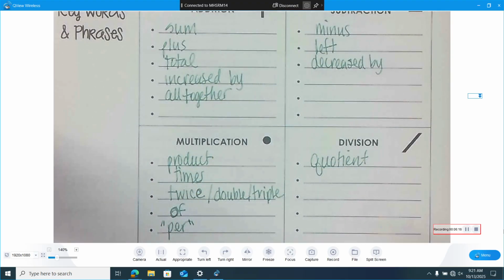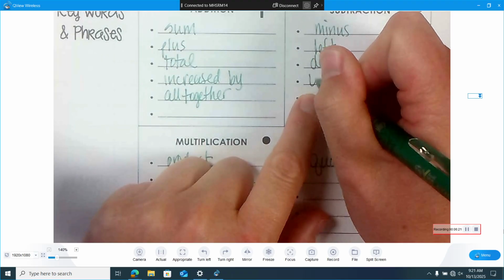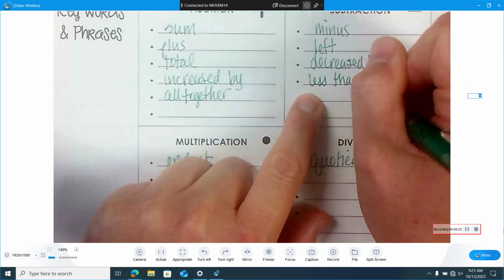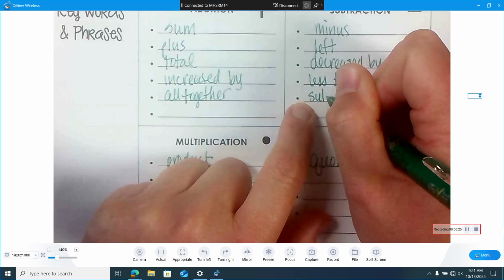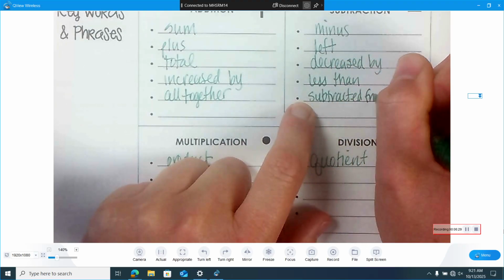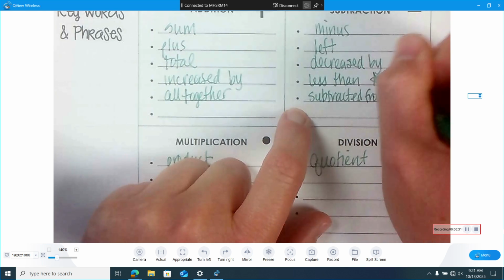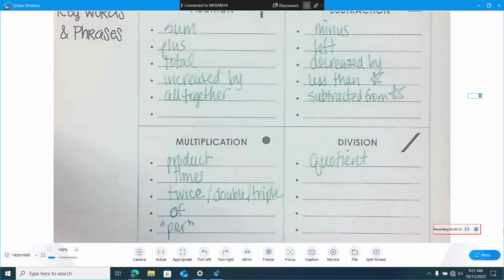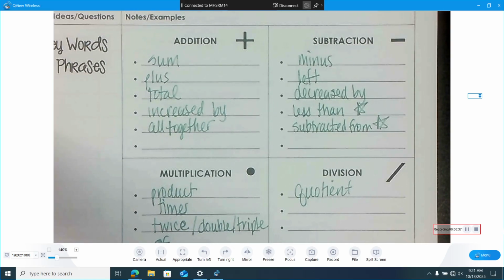Subtraction can be tricky. I'm going to write down less than and subtracted from. And we're going to give these big stars next to them. Less than and subtracted from, under the subtraction words, are very, very particular.